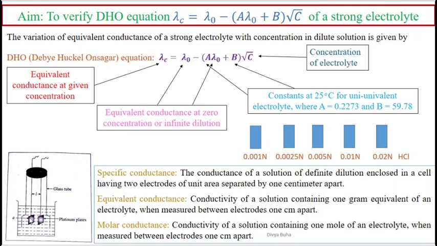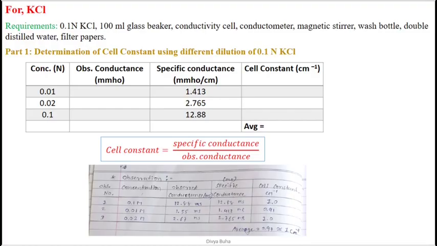So if the distance between these two plates is 1 centimeter and the cross-sectional area is 1 centimeter square, then the cell constant would be 1 centimeter inverse. So the conductivity cell which you are using would have a cell constant of 1.